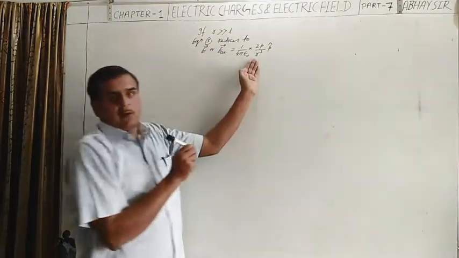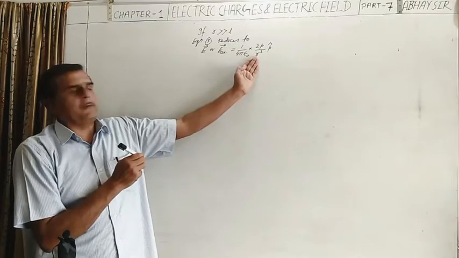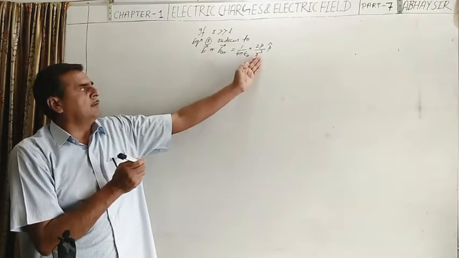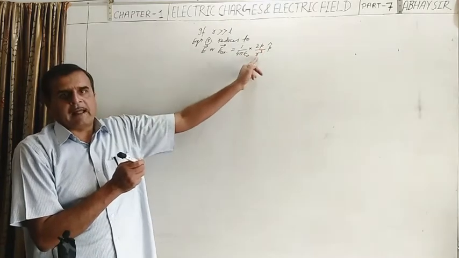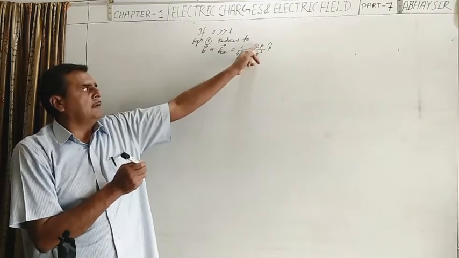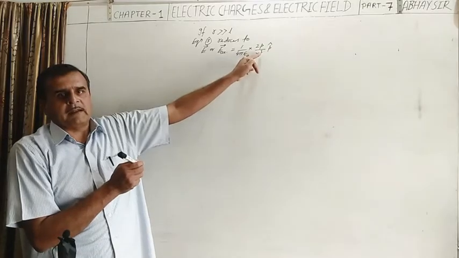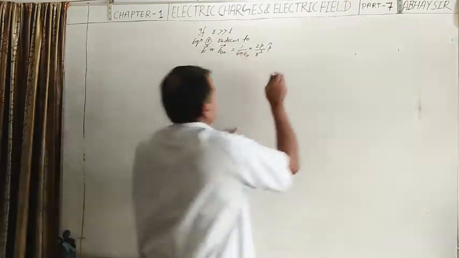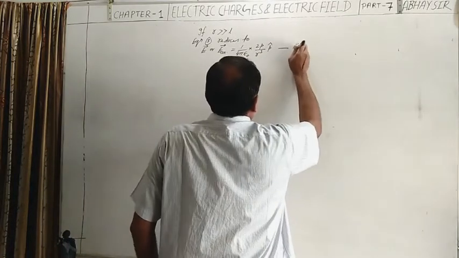The term of L square in the denominator will be neglected in comparison to r square. So, 2rp upon r to the power 4, and r will cancel out, so we will be left with r cube in the denominator. This is equation 4.